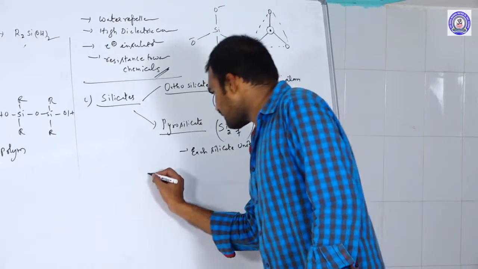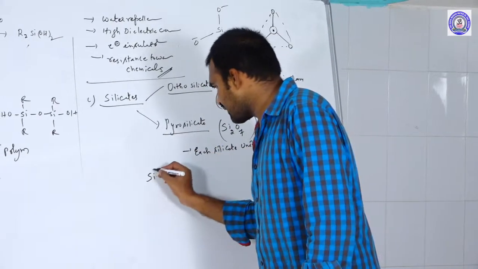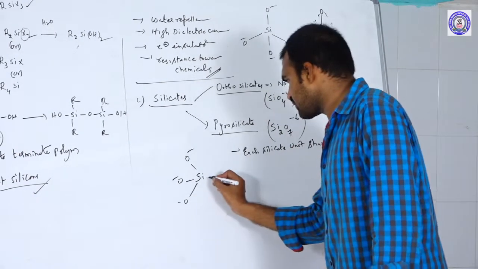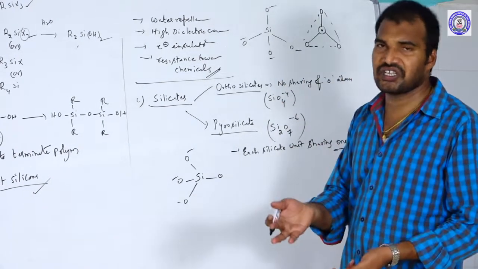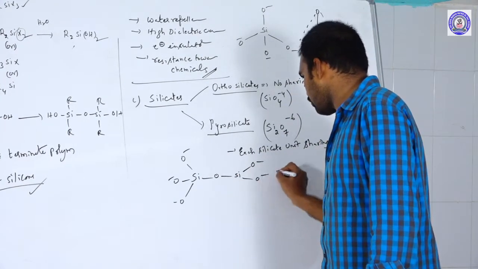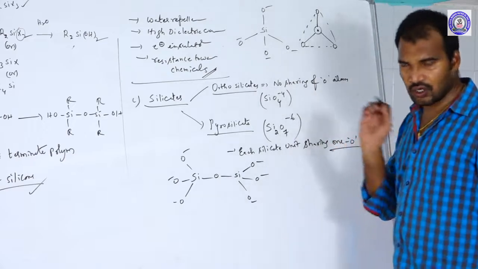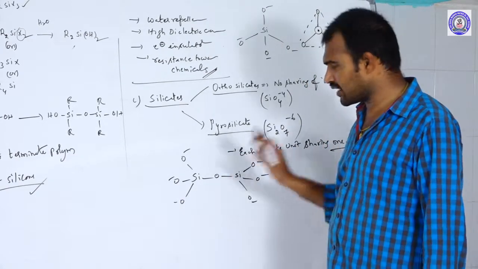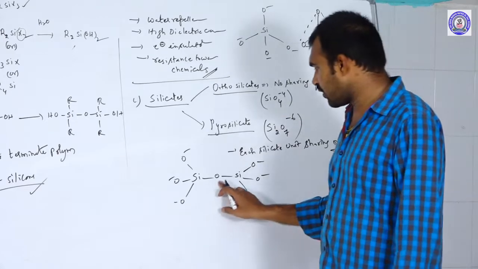Let us see. Suppose you take two silicate units, Si with O-, O-, O-. It is sharing one oxygen. Once it is sharing the oxygen, there is no negative charge on it. Si, O-, O-, O-. Now tell me, how many silicon atoms are there? Two silicons. And how many oxygens are they sharing?